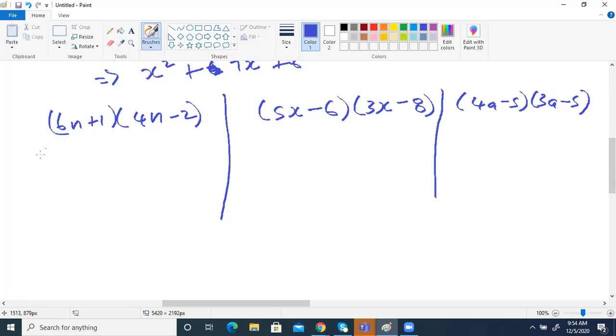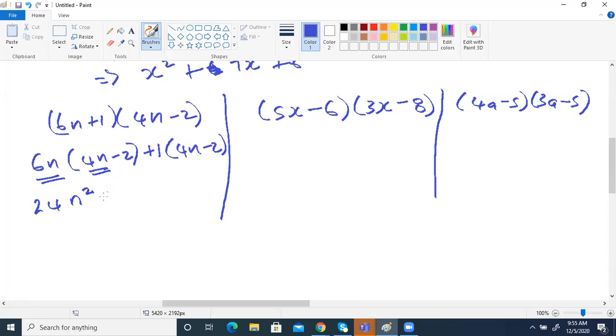So let's work it. I'm going to do it the simple way, which is to break this out and show the multiplication, where I say 6n times 4n minus 2, plus 1 times 4n minus 2. So 6n times 4n, that is 24n squared. Oh, yes, sir, I left off the square. That is squared.